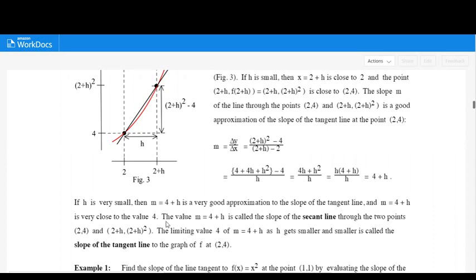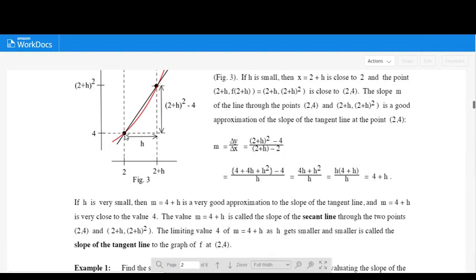The value m equals 4 plus h is called the slope of the secant line through the 2 points (2, 4) and (2 plus h, (2 plus h) squared). So we have encountered again this word, secant line. If we say secant line, this is a line wherein it touches 2 points of the graph. So dito, sa figure 3, 2 points yung na-touch ni line na nasa black na ink.